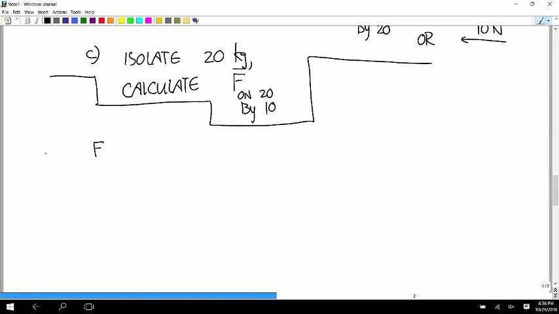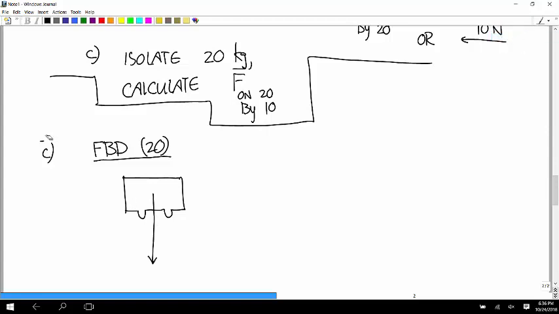Okay, so for part C, we'll start with a free body diagram of the 20. And remember, you have to draw free body diagrams anytime you use Newton's second law. So there's the outline. Then there's a downward force from the center of the object. The magnitude of that weight force is the mass times 9.81.